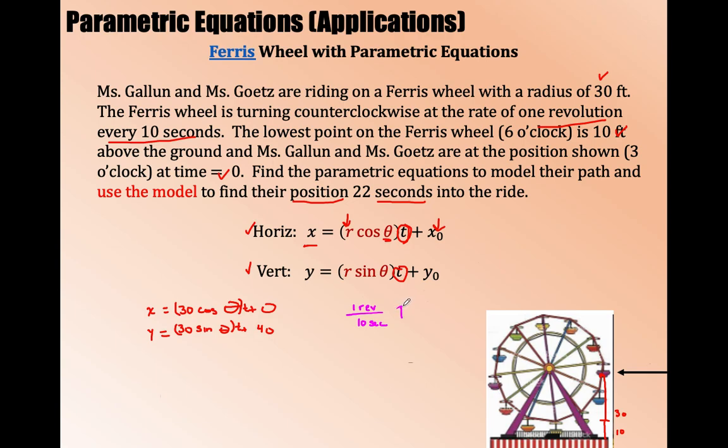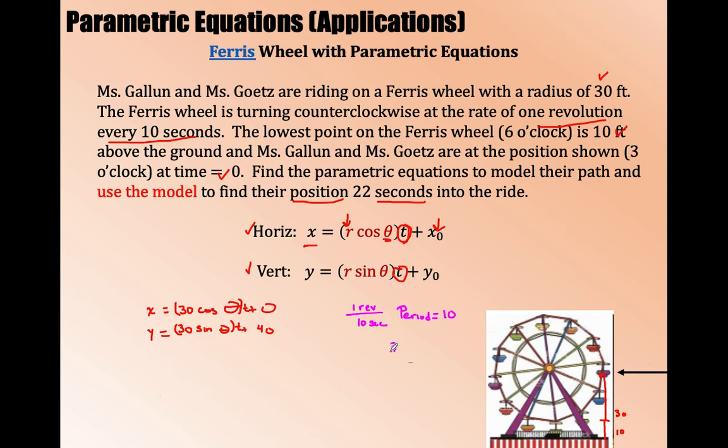Doesn't that mean your period? Oh, throwback. My period is 10 seconds? Well, how does that help? If my period is 10 seconds, what do I do with that information?